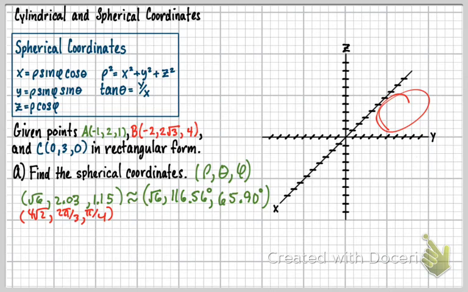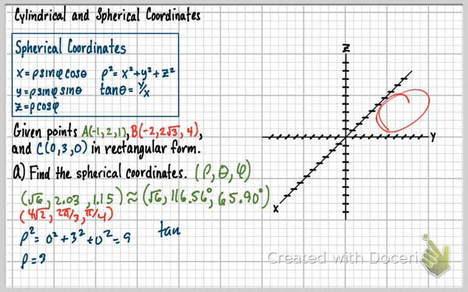Point C is 0, 3, 0, so I'm going to start the same way. My rho squared is going to equal 0 squared plus 3 squared plus 0 squared, so it's going to equal 9. So rho equals 3. Generally I go plus or minus 3, but I'm going to keep rho positive here. That's my rho, so now I have to find theta. The tan of theta equals y over x. My y is 3, and my x is 0, which is undefined.